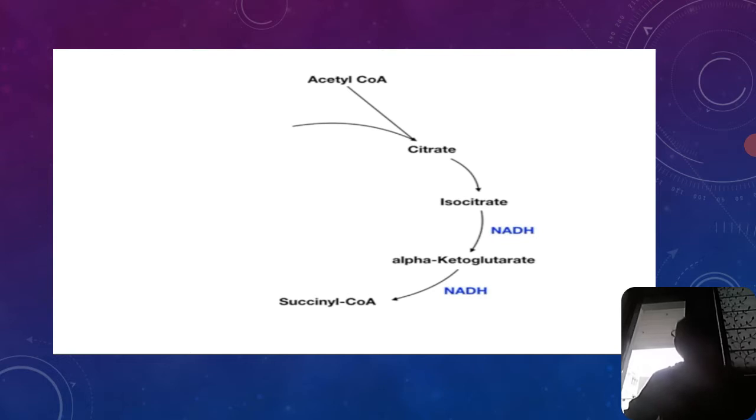Next, the citric acid is dehydrated to aconitic acid and then hydrated to isocitric acid in the presence of the enzyme aconitase, with ferrous ion as the activator.